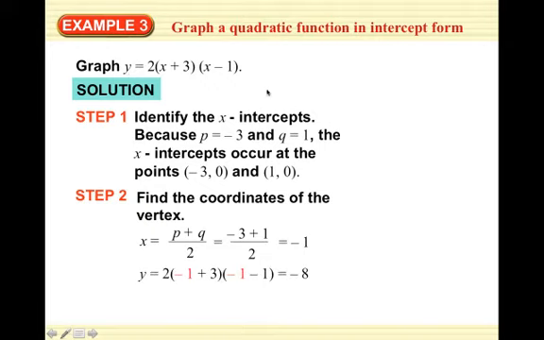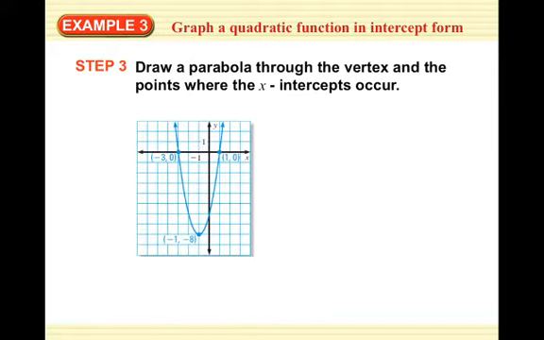So we have 2 times (negative 1 plus 3) times (negative 1 minus 1). And so that gives us 2 times 2 times negative 2, which is negative 8. So we're going to draw the parabola through the vertex (negative 1, negative 8) and where the x-intercepts occur, (negative 3, 0) and (1, 0). And you just draw that in.